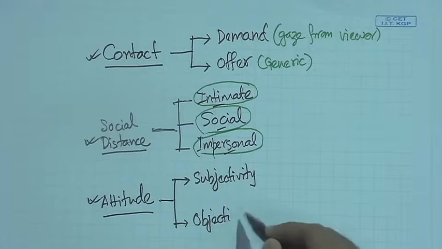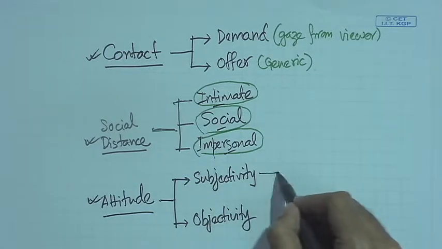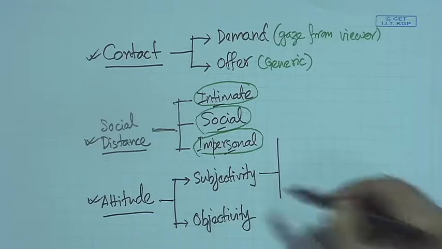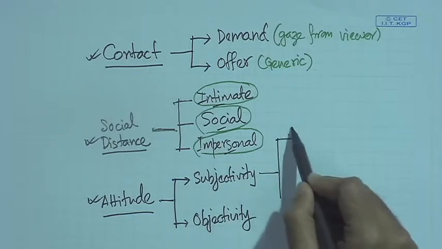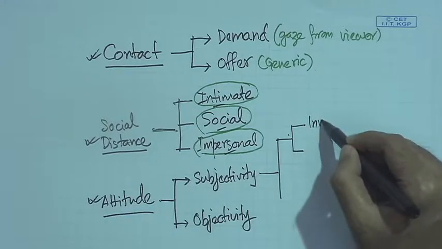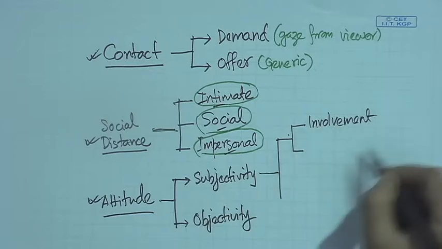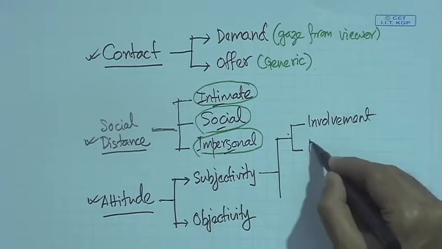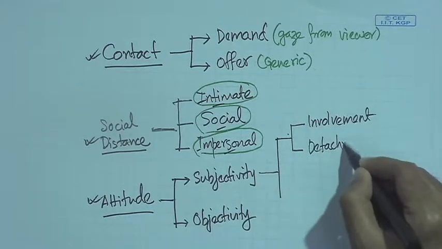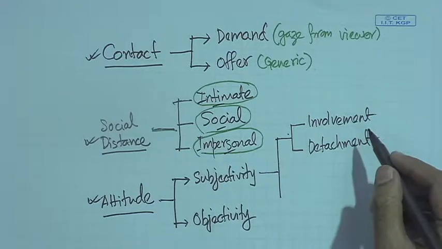Let me break it down a little bit further, that will be easier for you to understand. Say, for example, when we talk about subjectivity, let us talk about involvement. Is there any involvement with the image, or is there a detachment? Do we have an involvement or do we have a detachment?